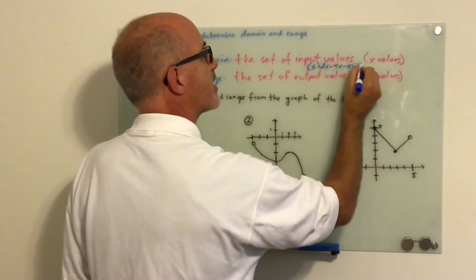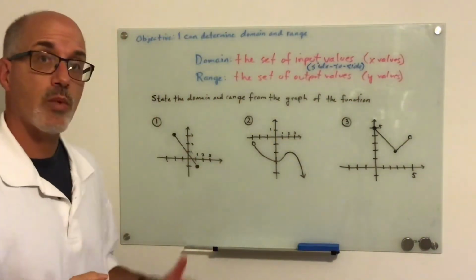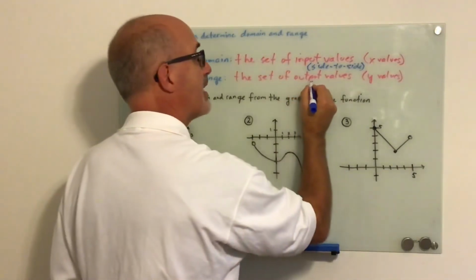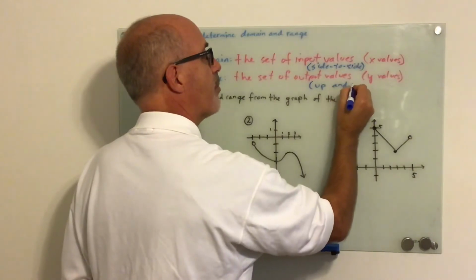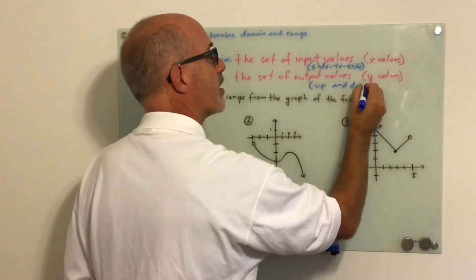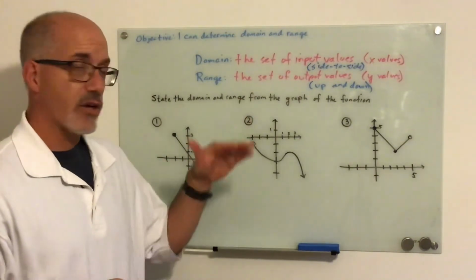So look for the side-to-side values, how far it goes. For the range, we look for how far up and down it goes. That's where the y's go. So look to the up and down direction. So x's are left to right, side to side, and the y's are up and down.